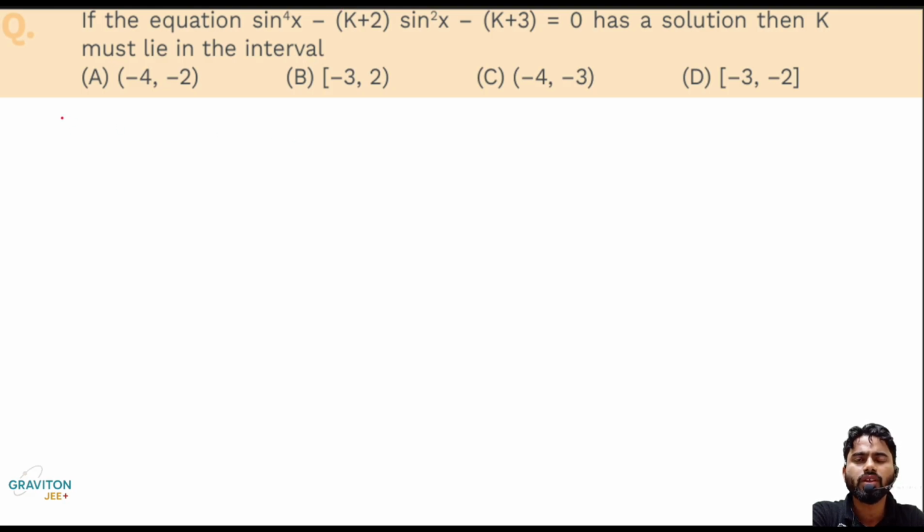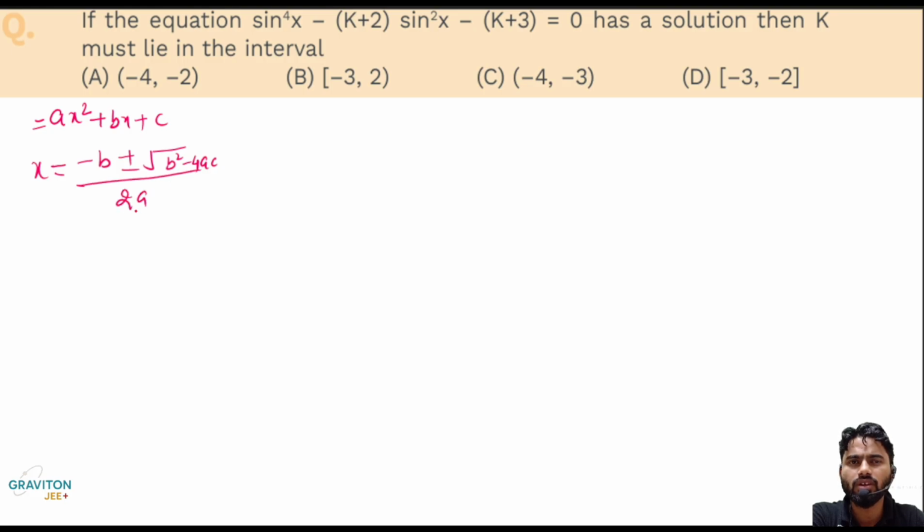So if I give you a quadratic equation ax square plus bx plus c, and then I tell you to find the solution, what you are finding is x equal to minus b plus minus root of b square minus 4ac upon 2a.